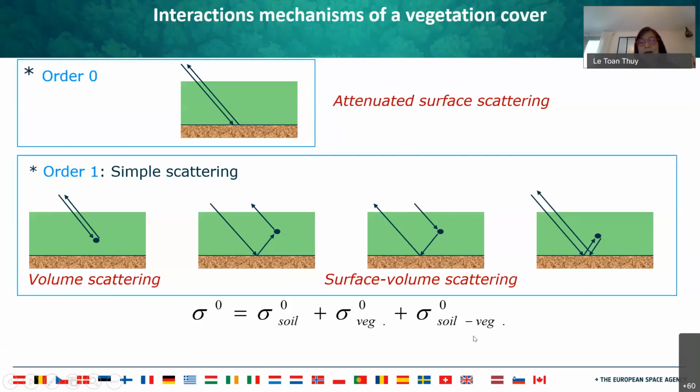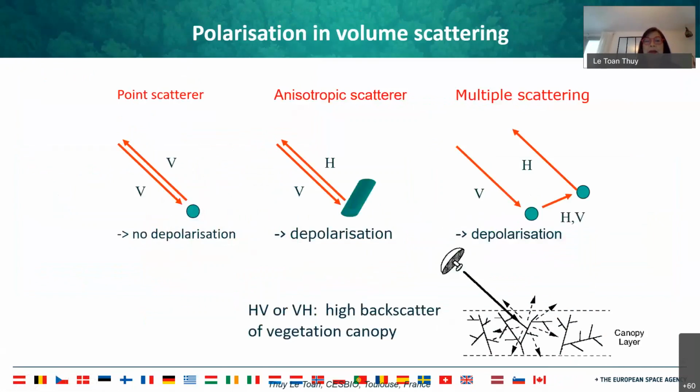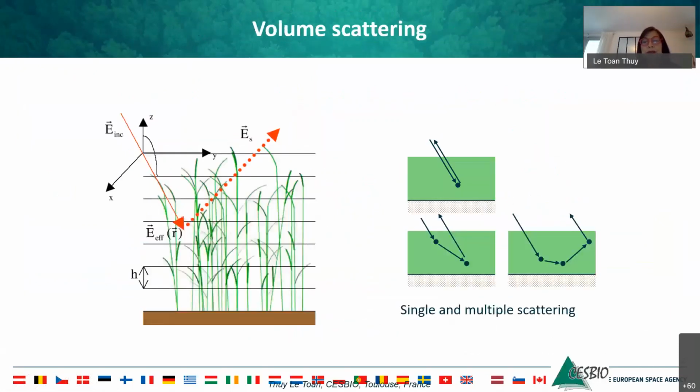So again, if you want to maximize the vegetation sensitivity or the soil sensitivity, you have to understand the whole picture.